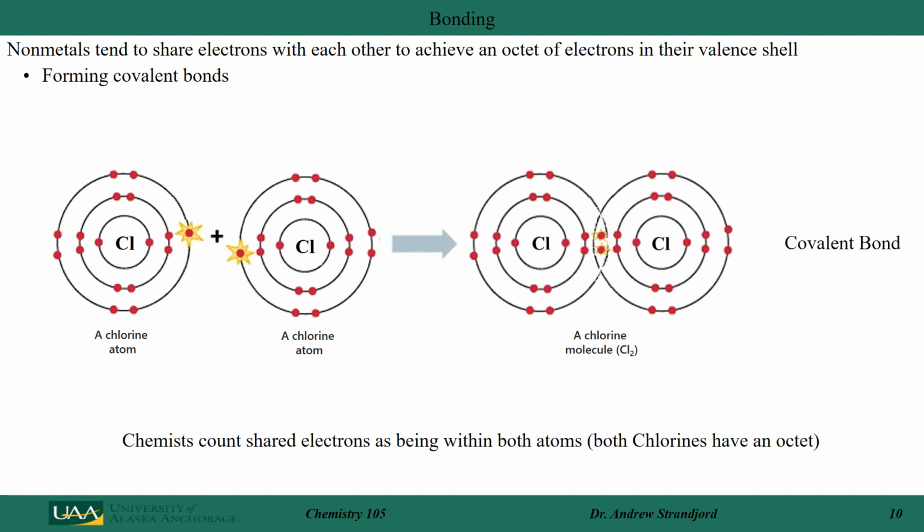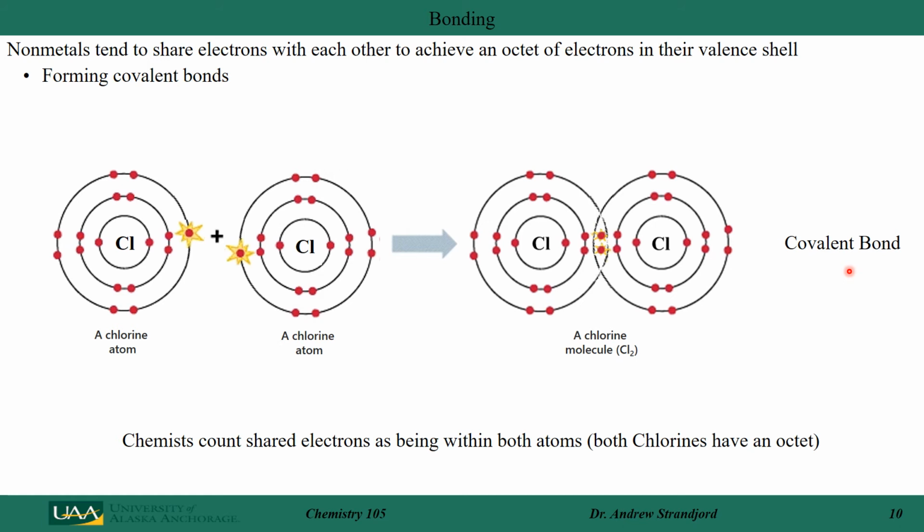If I have 2 nonmetals, they tend to share electrons to achieve that octet of electrons in their valence shell. We're going to call this a covalent bond. So for example, if I have chlorine and I have more chlorine atoms, each of them wants to gain 1 more electron. They can do that by actually coming together and sharing that electron, and that is what is known as a covalent bond.